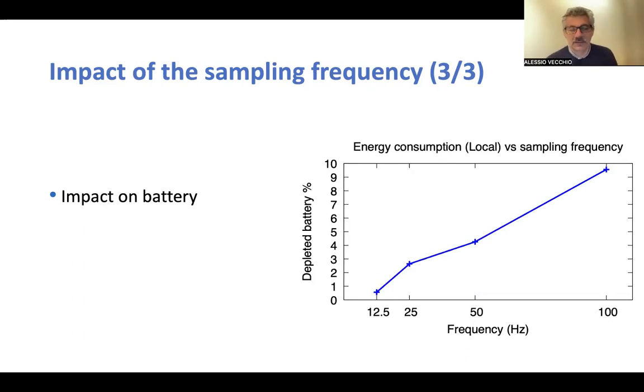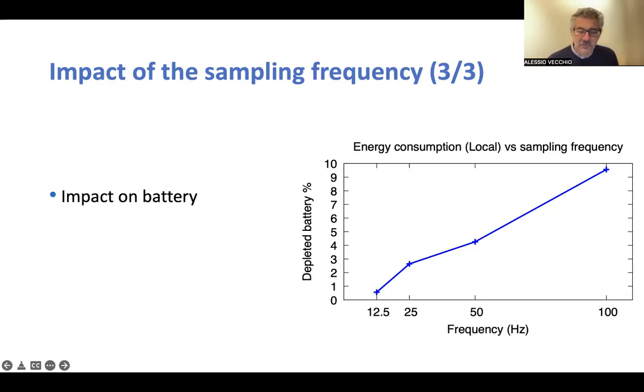And here we have the impact on the battery of the smartwatch. This is the amount of depleted battery in 1 hour of operation. As you can see, when operating at 100 Hertz, the system needs more or less 10% of the battery. This is quite a lot for 1 hour of operation. Going down to 50 and 25 Hertz allows us to save a quite significant amount of energy.